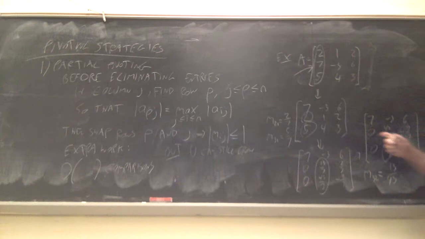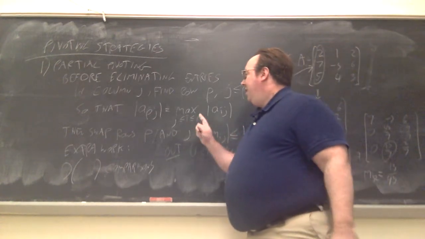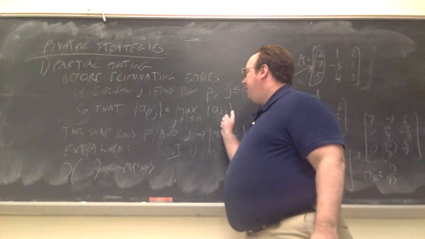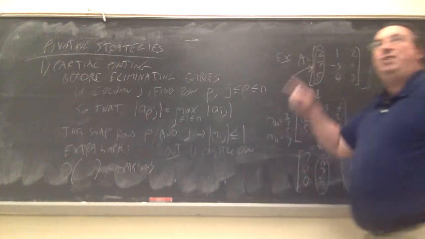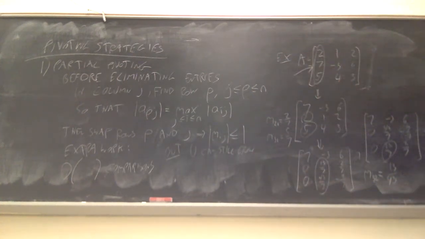Because I have to examine every entry in the first column, almost every entry in the second column, and then decreasing from there. But all of that together is order n to the what elements to examine? It's going to be like 3 plus 2 plus 1.